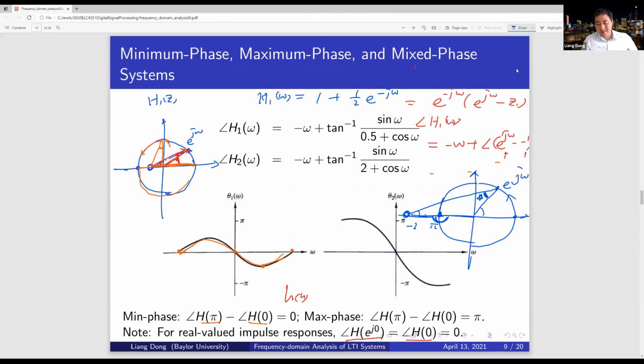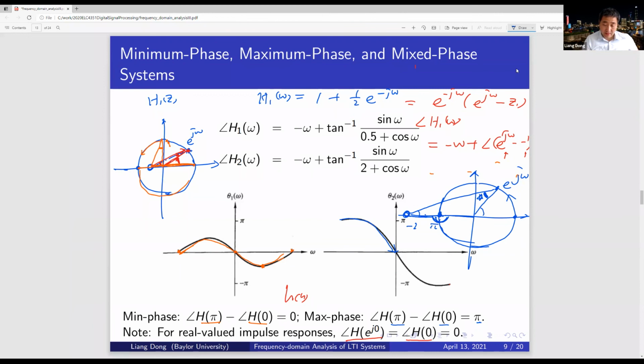This is the highest I can get. The difference is pi subtract 0, that's pi. And then I travel back along this line, and it's positive, but eventually it will become 0 again. So that is the maximum phase.